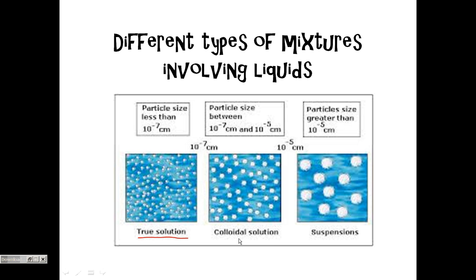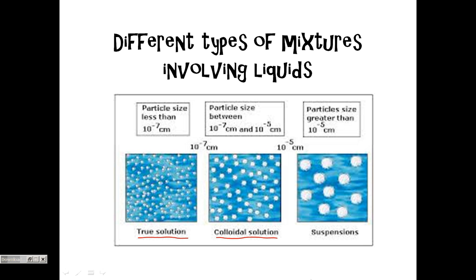Then the next is the colloidal solution. Colloidal solutions are solutions in which the particulate size is a bit bigger than in true solutions. Okay, suspensions. The best example of a suspension is when you mix mud in water.